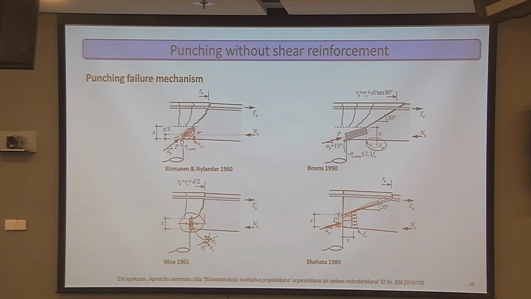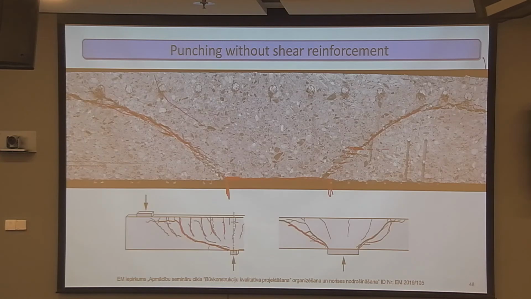So you see that the angle of the crack is very different in each model, and they tend to be very sensitive to the angle of the crack. But if you look at several specimens, the angle of the failure crack varies very wildly. In some cases, like in here, it's even different on one side of the column than on the other side.